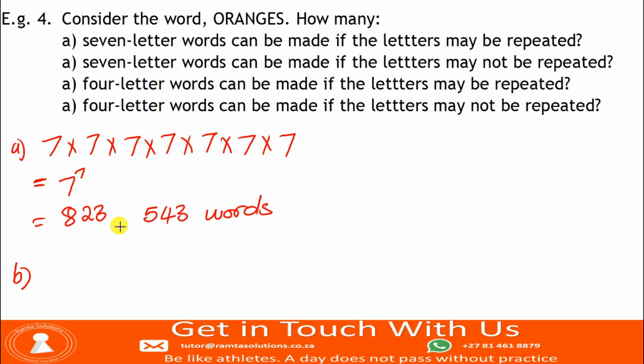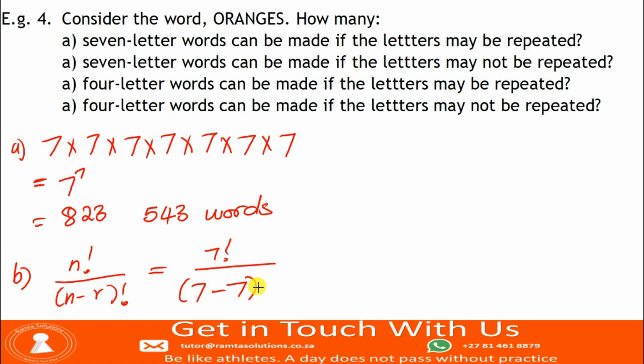So if they may not be repeated, I will say we have 7 to choose from. Remember the formula. And we need to take 7. So this is 7 factorial over 7 minus 7. Okay? And this is 7 factorial over 0 factorial.